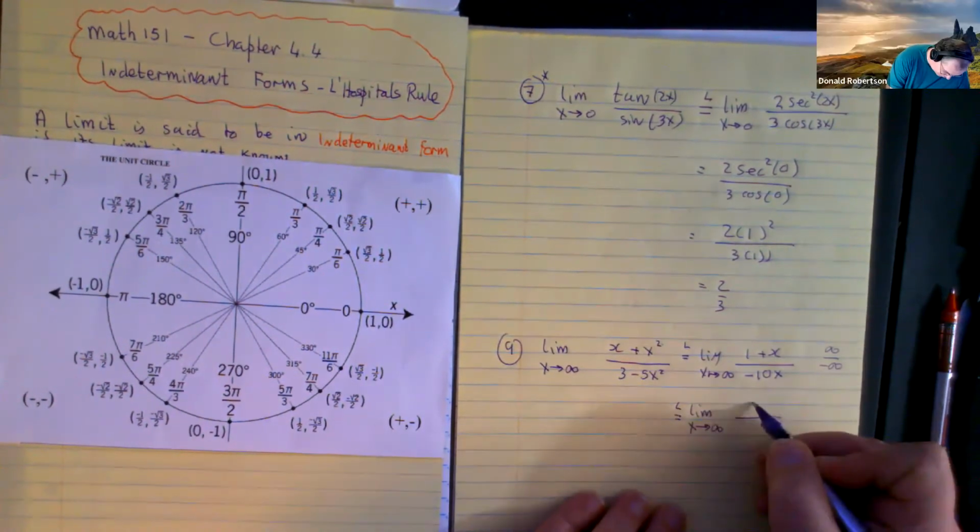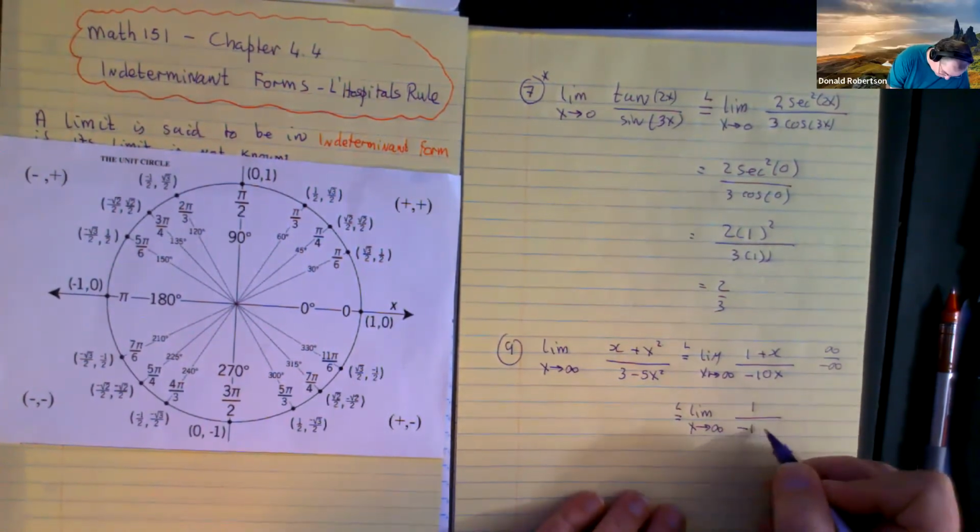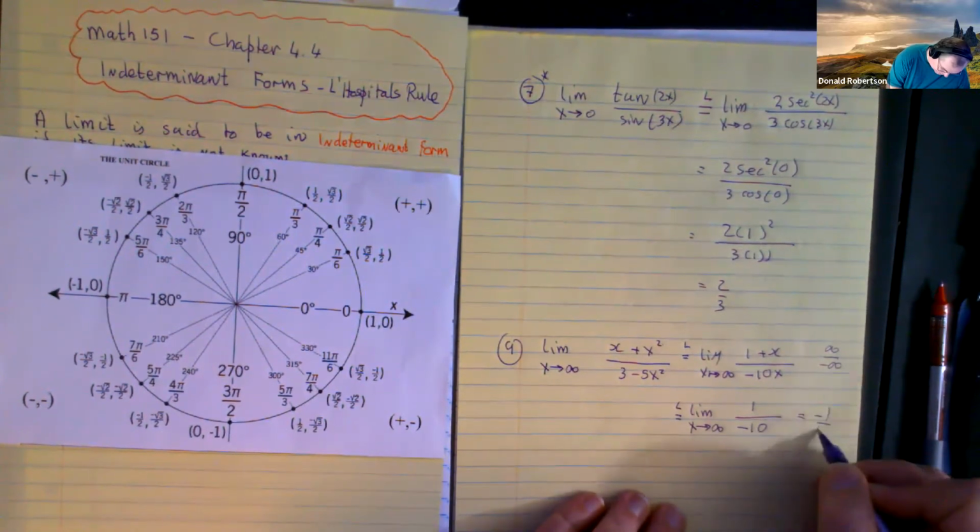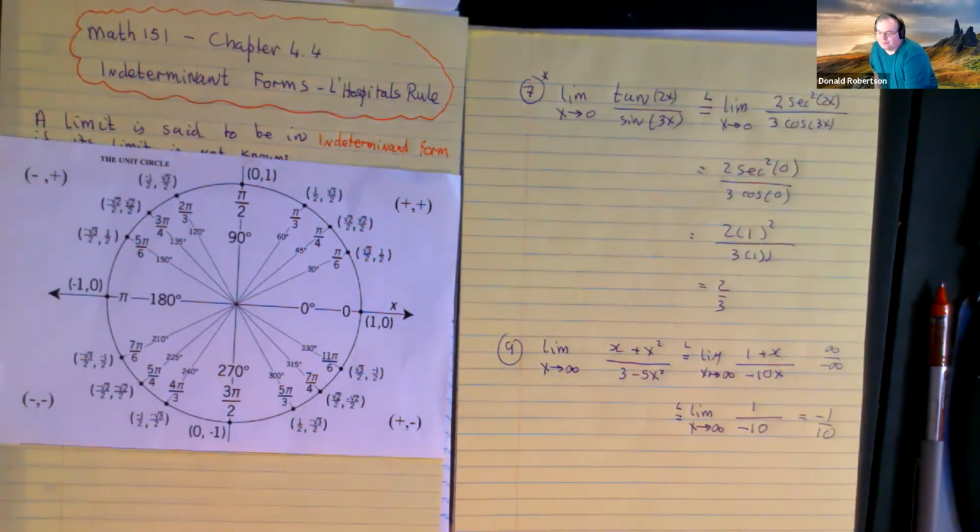If you differentiate the top, you get 1. If you differentiate the bottom, you get negative 10. Hey, there you go. So L'Hospital can be repeated as many times as you want until you get to a point where you actually have an answer, right? That's kind of helpful.